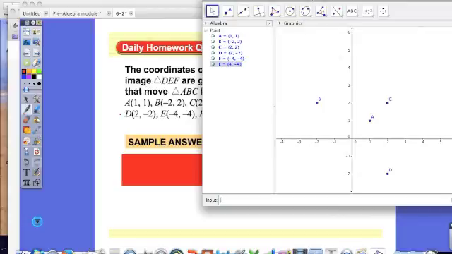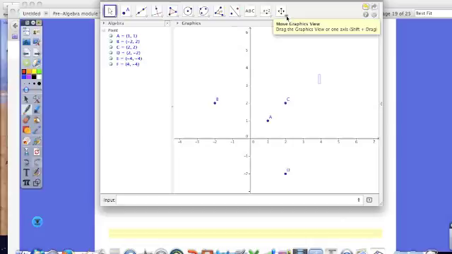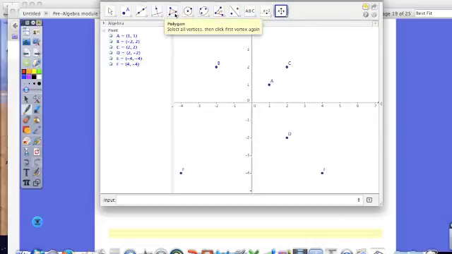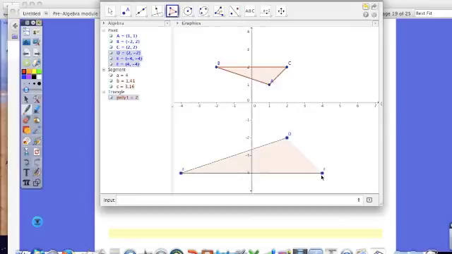So let me come over here. Let me move the graphics view a little bit so you can see that. Now I want to connect these. So A, B, C, back to that. And I want to connect D, E, F, back to that.